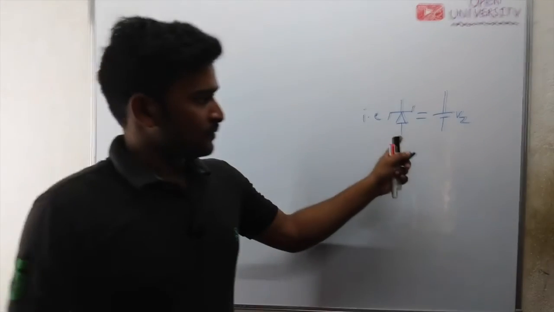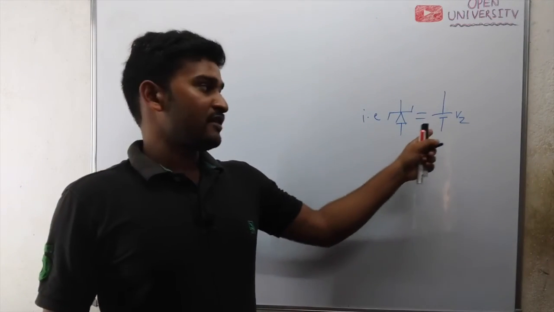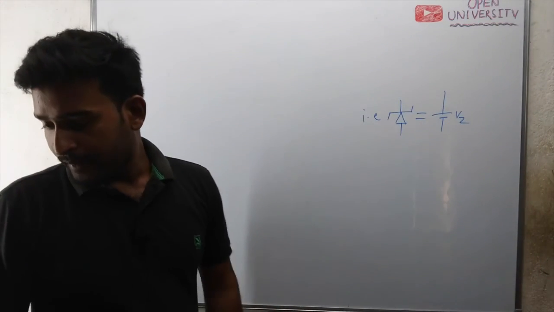That is, you draw this diagram. Your Zener diode is equivalent to this Vz. That is, the Zener diode is equivalent to Vz, like this.